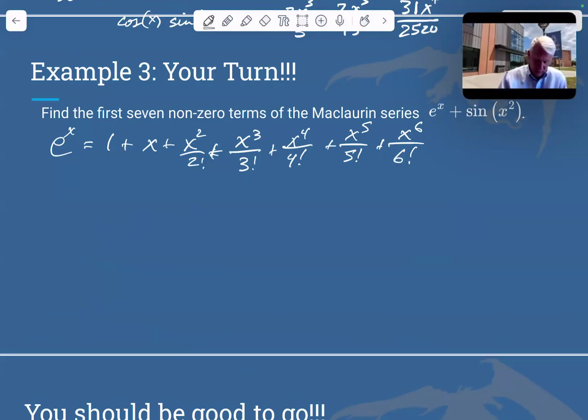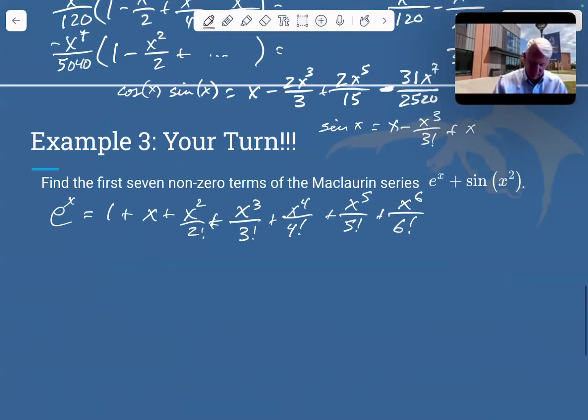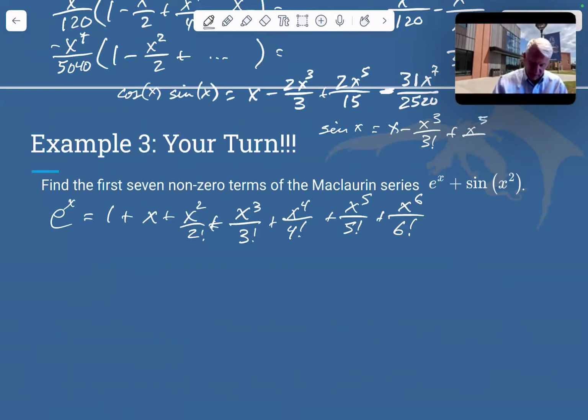We also know that, and I'm just going to put it up here, that is sine x squared. So we know that sine of x is equal to x, which we just did a second ago, minus x cubed divided by 3 factorial plus x to the fifth over 5 factorial minus x to the seventh over 7 factorial.